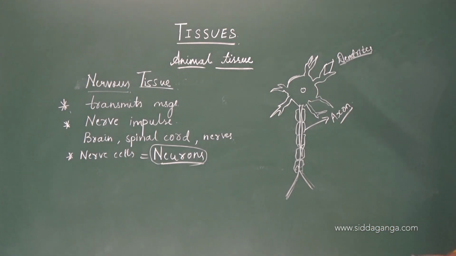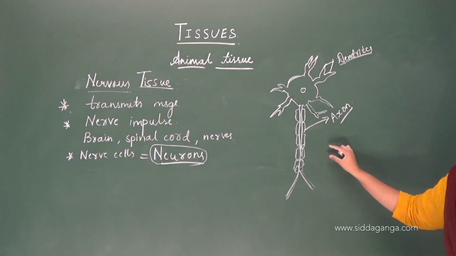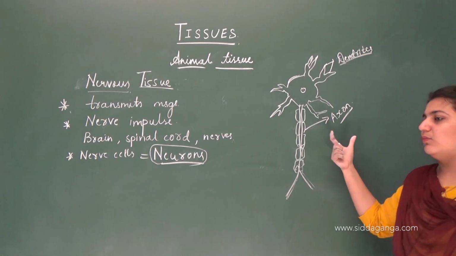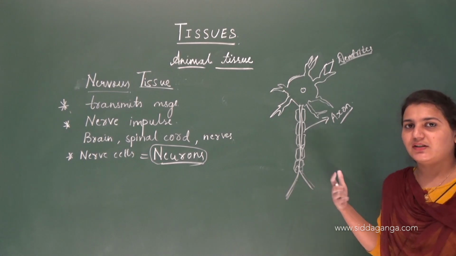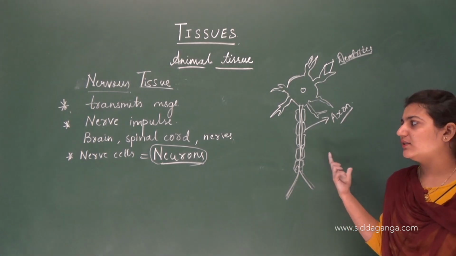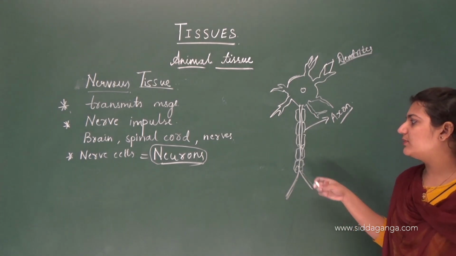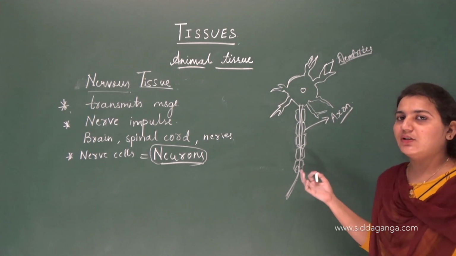These neurons have the ability to receive stimuli from within or outside the body. If you see something dangerous, you just run away. That is a stimulus from outside the body. Even inside the body, these neurons help in responding to stimuli in the inner region of our body.